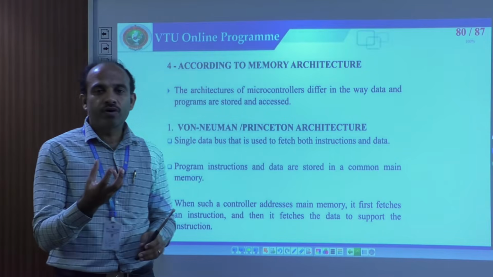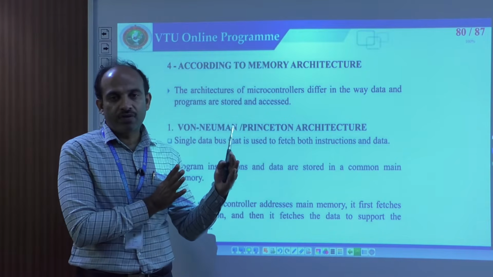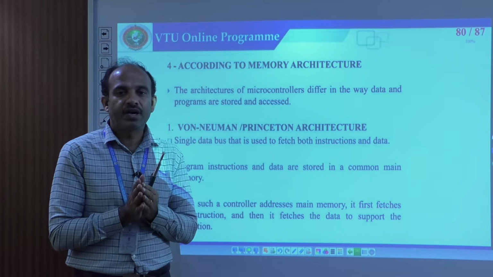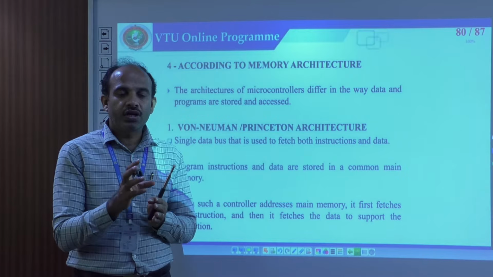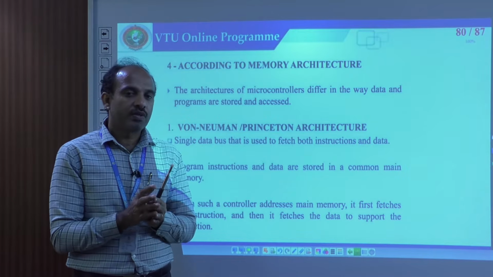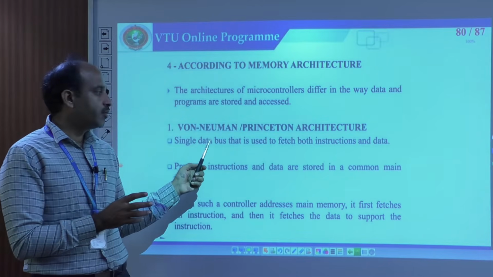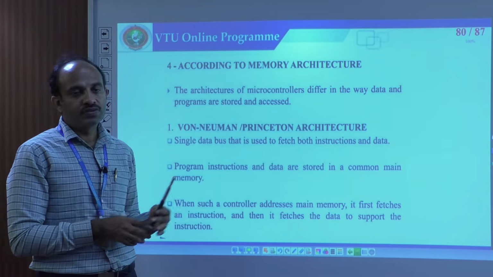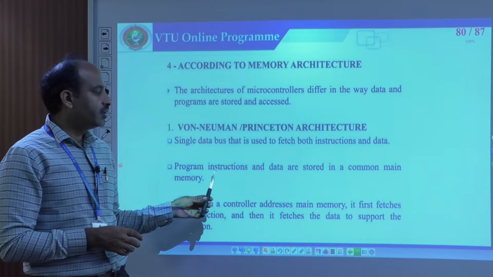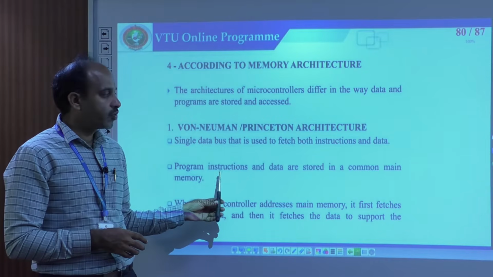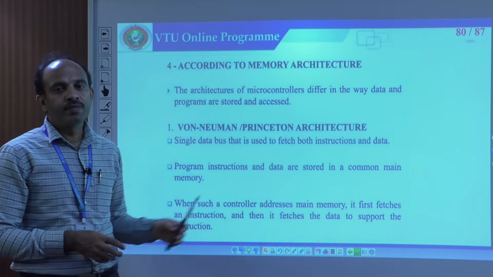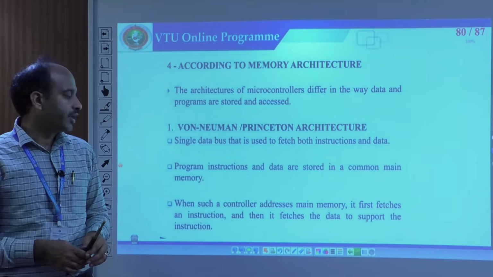There will be a main memory unit. Otherwise there would be a separate one for instructions and a separate one for data, but here there is only a single bus, which we use for both instructions as well as data. The programming instructions and the data are stored in the common main memory.